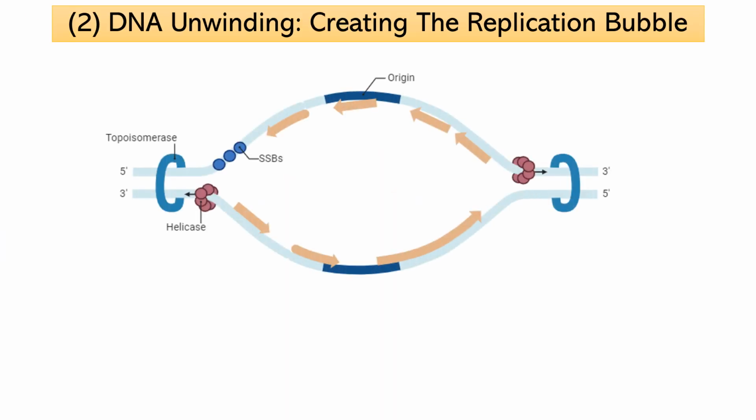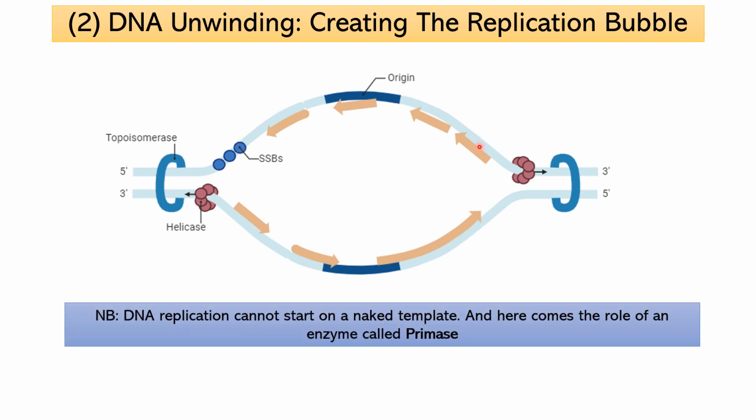Now we go back to DNA replication and the replication bubble. The last thing that I need to mention in the second stage of DNA replication is that if we look here within the replication bubble, we can see a single-stranded DNA here and a single-stranded DNA here. The enzyme that is responsible for making the new DNA strand, which is called DNA polymerase, cannot bind to these naked single strands of DNA.